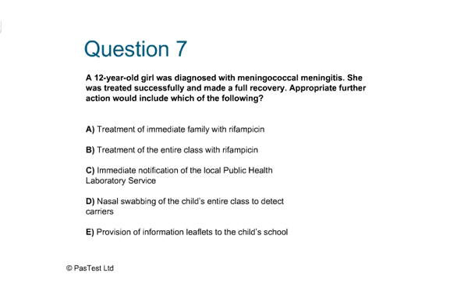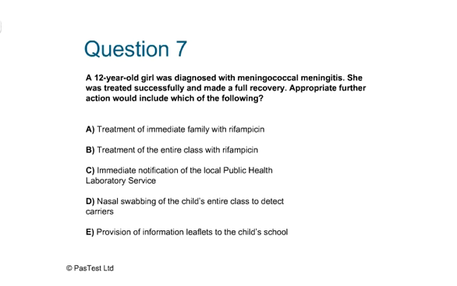People who have come into close contact with meningococcal meningitis and/or meningococcal septicemia require antibiotics. Close contacts are people who are living or sleeping in the same household or have had intimate contact, kissed the patient.